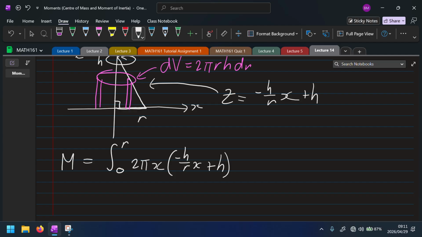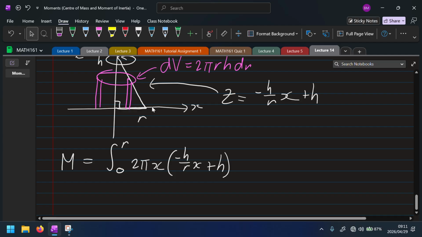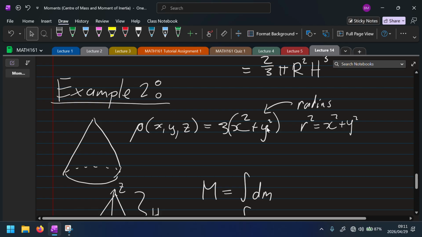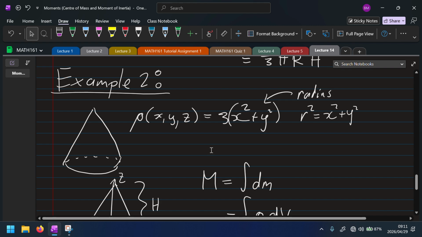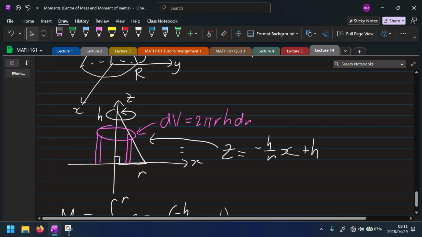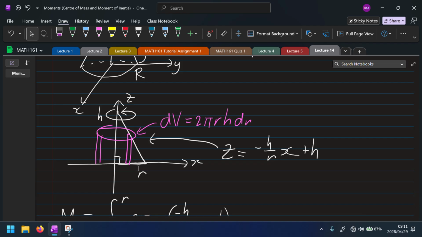And what about the density? Yeah, that's the radius squared, right? X squared plus y squared, that's the r squared. So what will that be over here? What's the radius? The shell, what's the shell radius? Yeah, the pink cylinder.